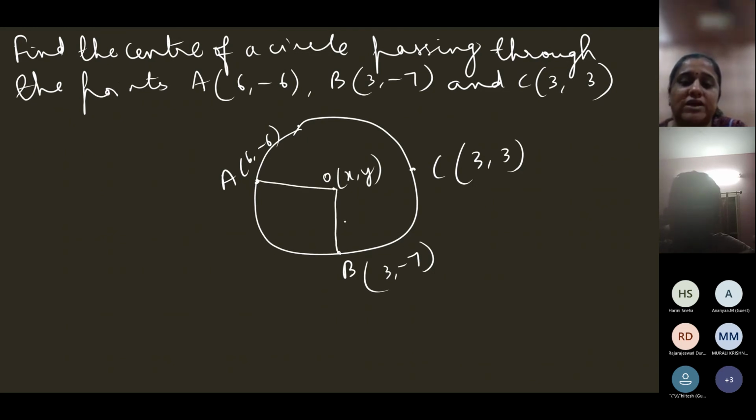When you join OB, radius. When you join OC, radius. And what do you know? OA is equal to OB is equal to OC, radius of the same circle.